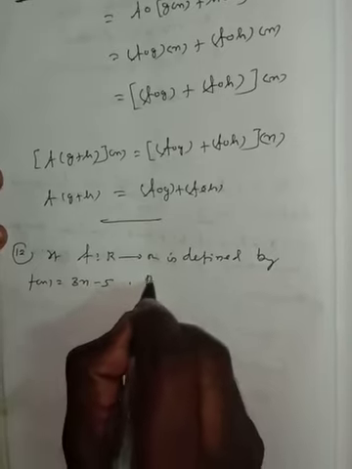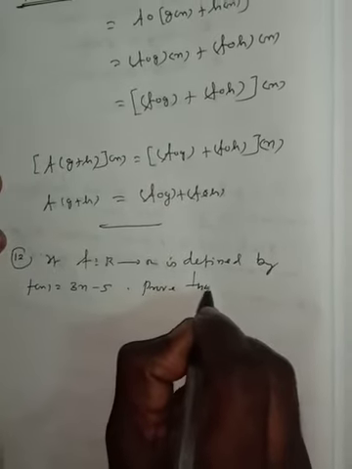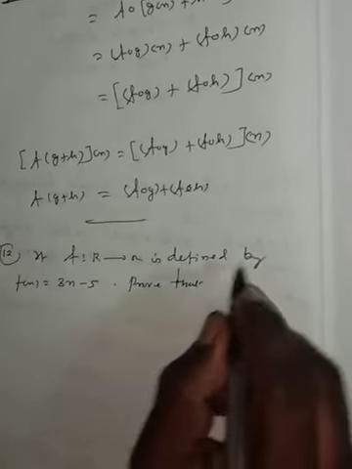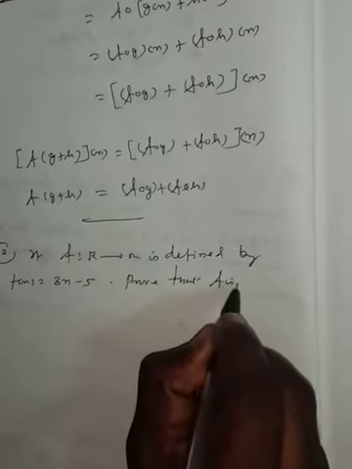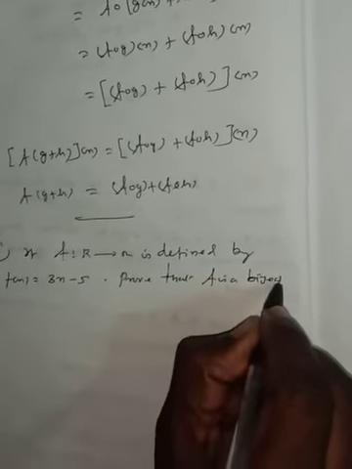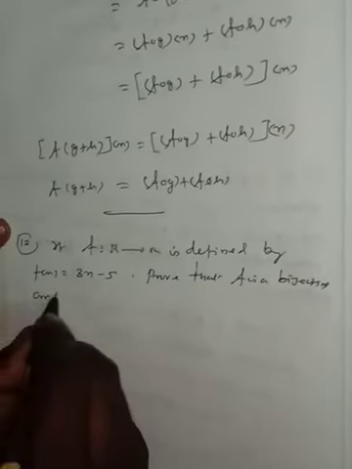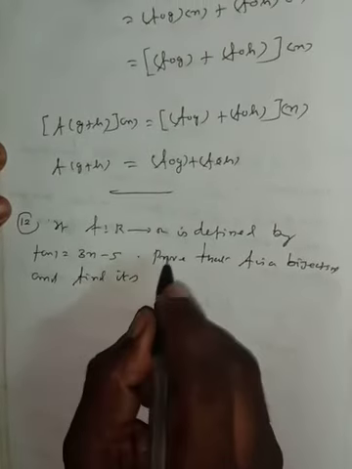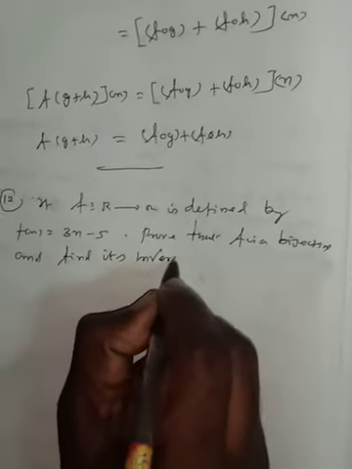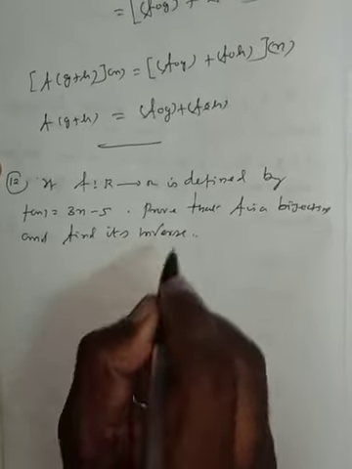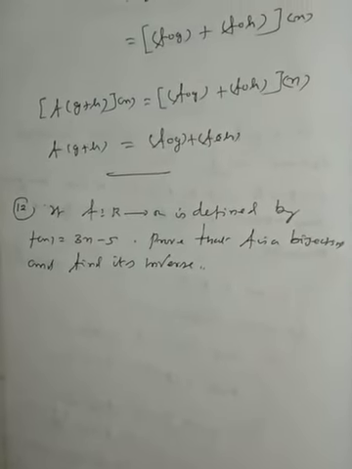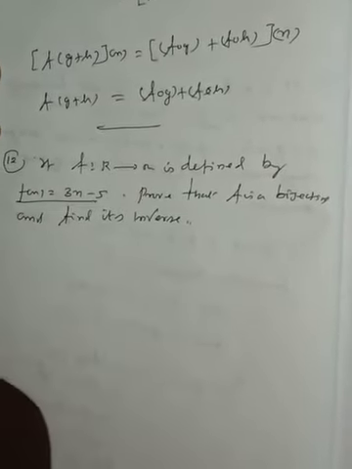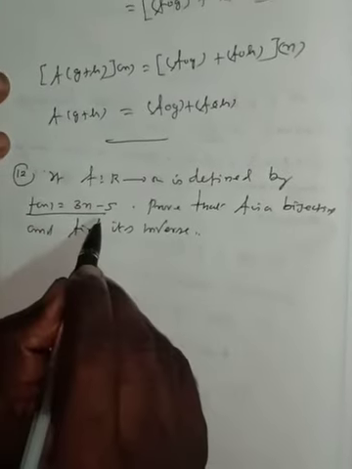Show that f is a bijection and find its inverse. Given: f is a function from R to R, f of x is 3x minus 5.